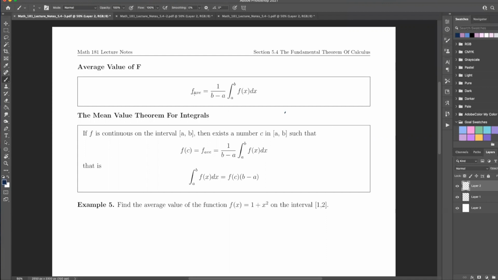So this is what we call f average, and the mean value theorem says there is a number that exists, some c, such that f of c is the value of the function between a and b which achieves that average value. So let me see if I can draw this basically for you.